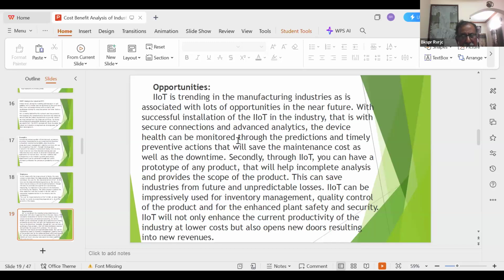The industrial IoT can be impressively used for inventory management, quality control of the product, and for the enhanced plant safety and security. IIoT will not only enhance the current productivity of the industry at lower cost, but also opens new doors resulting in new revenues for the organization.